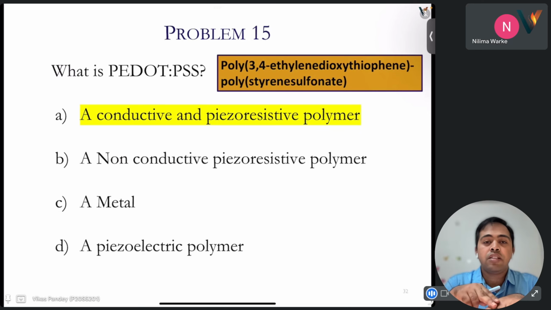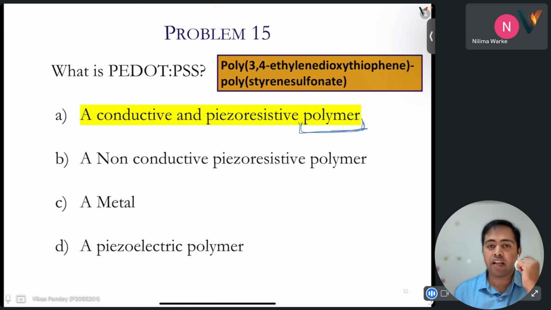So since there will be some change in the resistance under the stress, that can be measured. And this is also a polymer, just like SU8. So you see, polymers can have different properties. SU8 is an insulating polymer, while PEDOT:PSS is conducting.